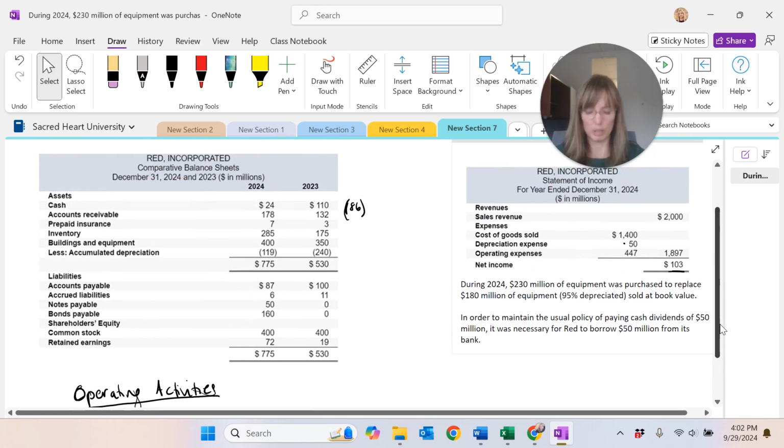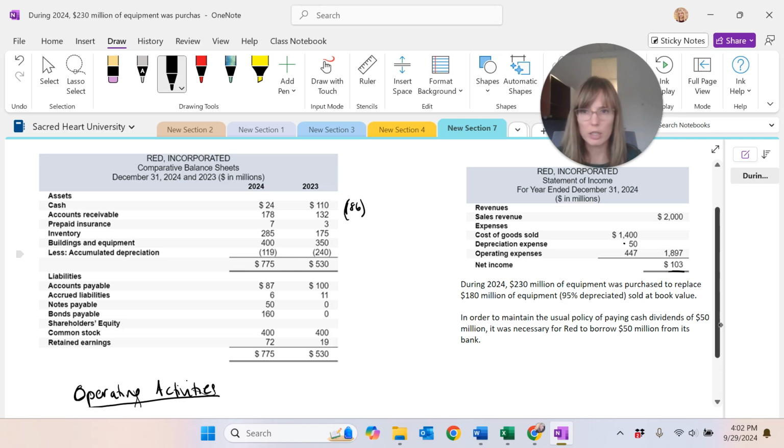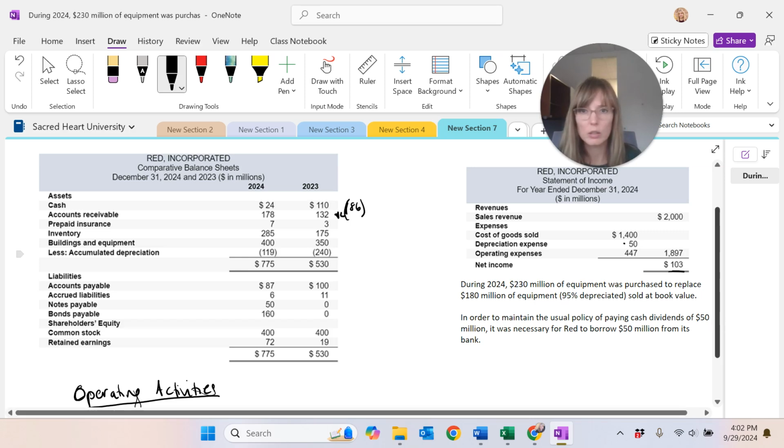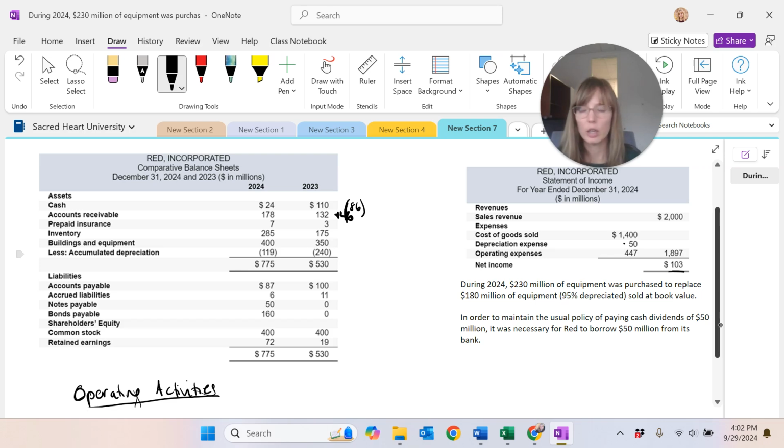The next thing I need to do is look at my changes in operating assets. Most of the operating assets are going to be current assets, and I see accounts receivable went from 132 in the prior year to 178 in the most recent year. This is an increase of 46. And when accounts receivable goes up, what that means is that the company had more sales on credit than cash collections.